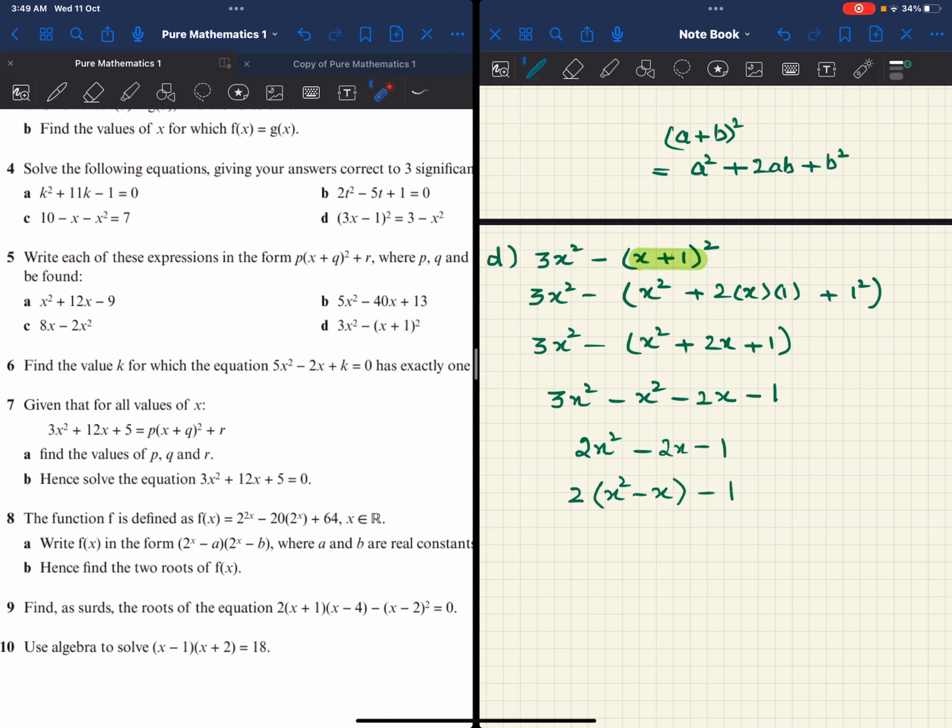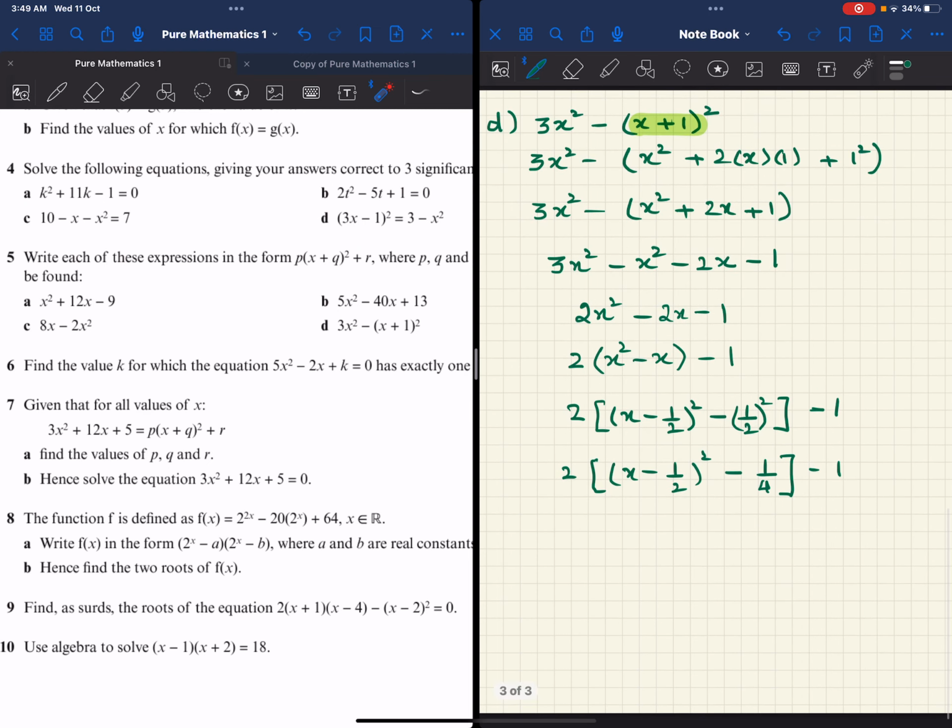Now the coefficient of x is in fact 1, so we half it and complete the square. So 2 into (x − ½)², subtract the square of half, and put the −1 outside. So 2[(x − ½)² − 1/4] − 1.